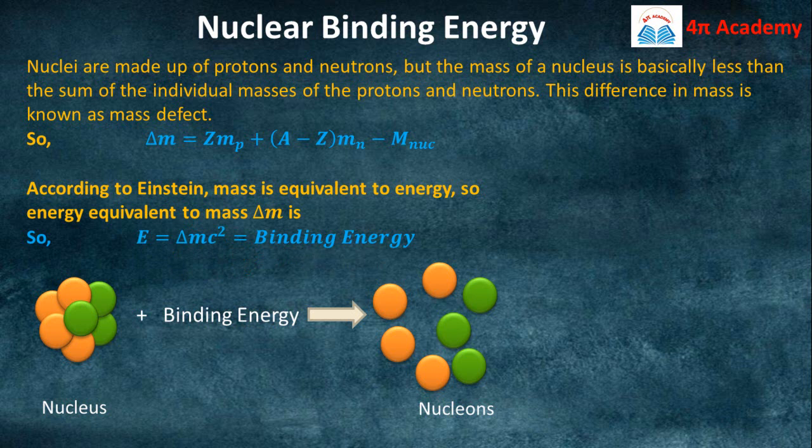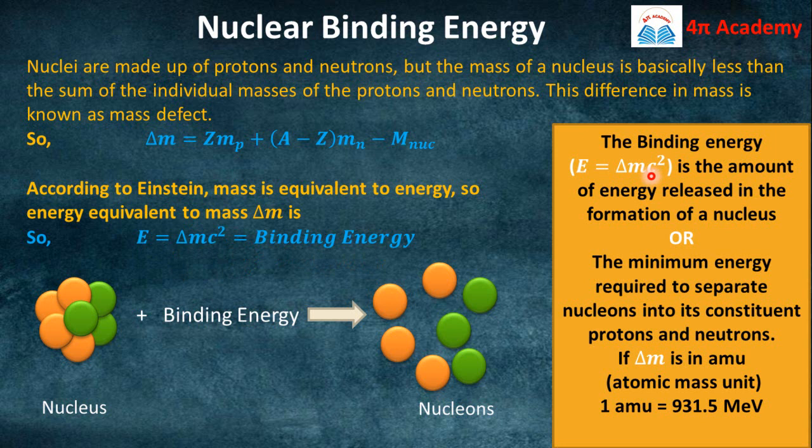Binding energy is the amount of energy released in the formation of a nucleus, or in other words, the minimum energy required to separate the nucleons into their constituents, protons and neutrons. If we separate the individual protons and neutrons from this nucleus, the amount of energy required is known as binding energy.